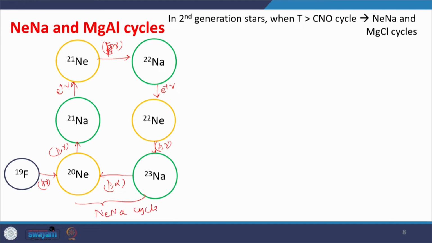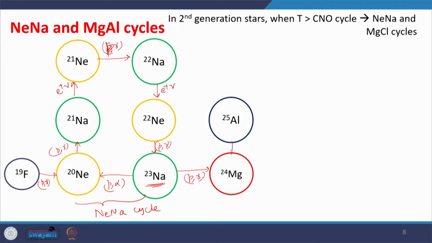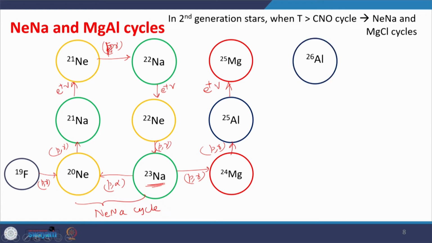You see, so many nuclear reactions are happening within the cycles. Now, this sodium 23 can also undergo a P gamma reaction to produce 24 Mg, which can produce aluminum 25 via P gamma, which is unstable and can undergo positron decay to produce Mg 25, and this can give P gamma to produce aluminum 26.